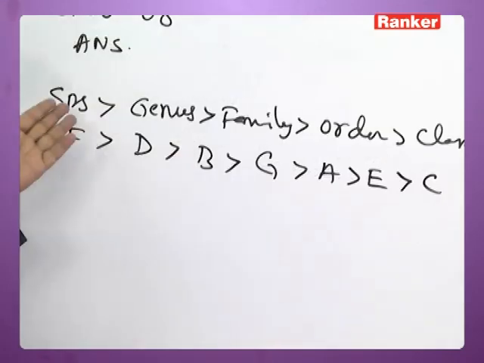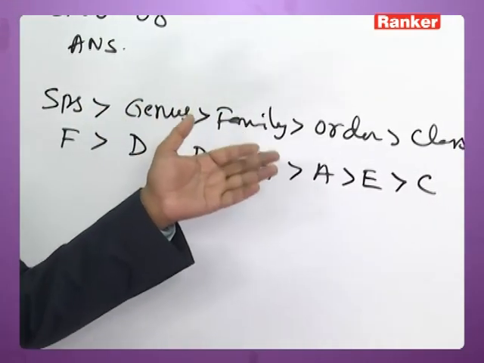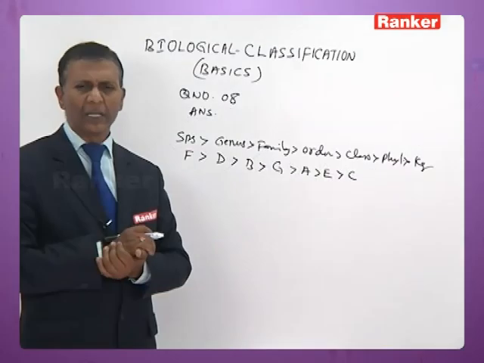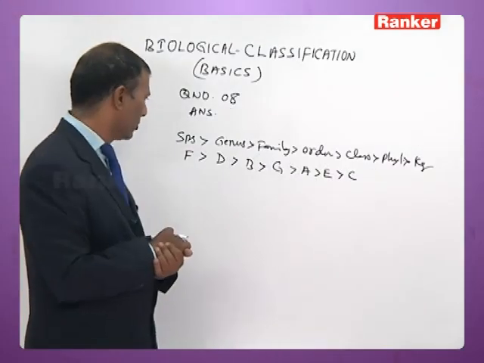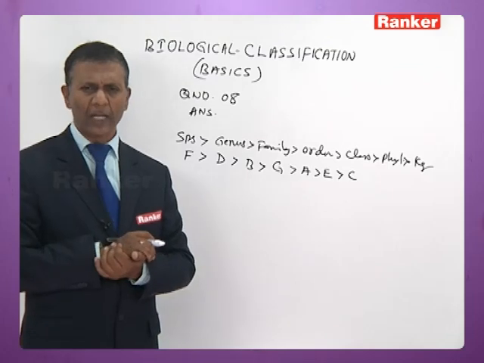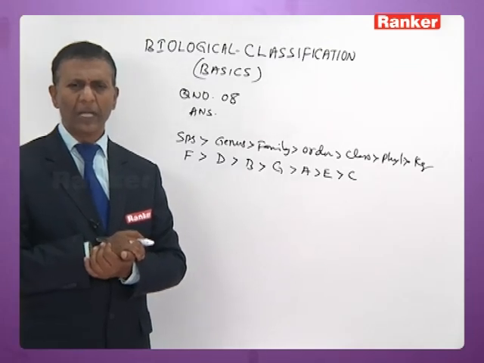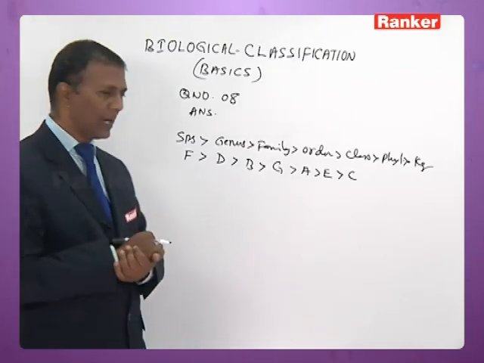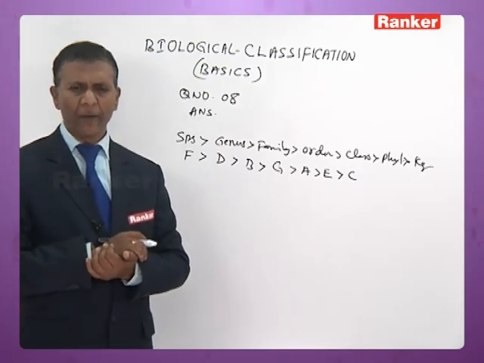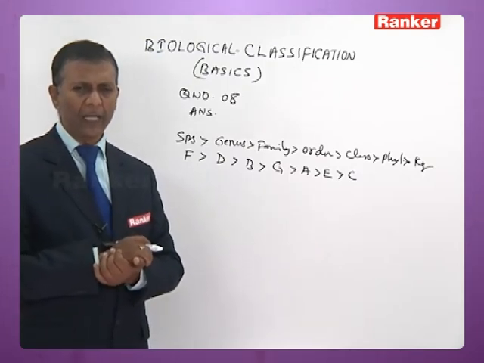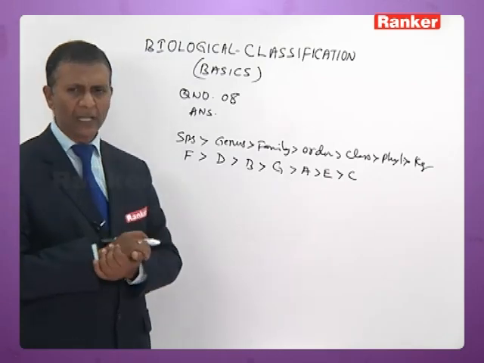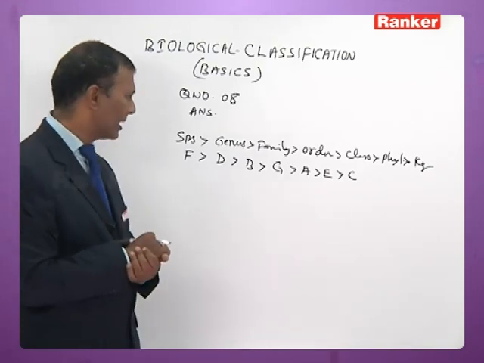This is the correct sequence: species, genus, family, order, class, phylum, and kingdom. That is the correct sequence. So the correct answer for this should be F, D, B, G, A.